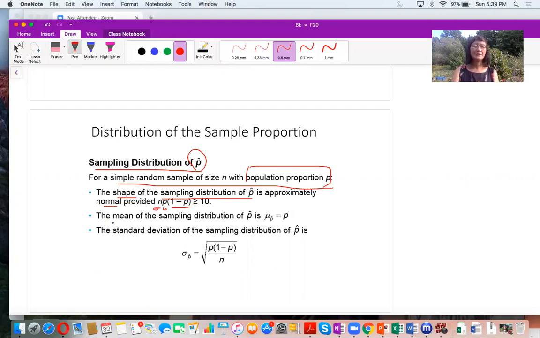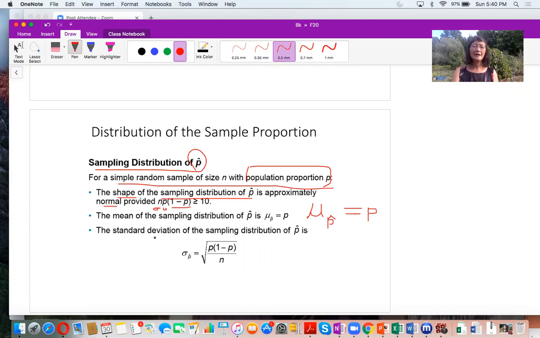The second point, the mean of the sampling distribution of p hat, we use mu, then subscript p hat, that represents the mean of the sampling distribution of sample proportion. This is equal to the population proportion p.